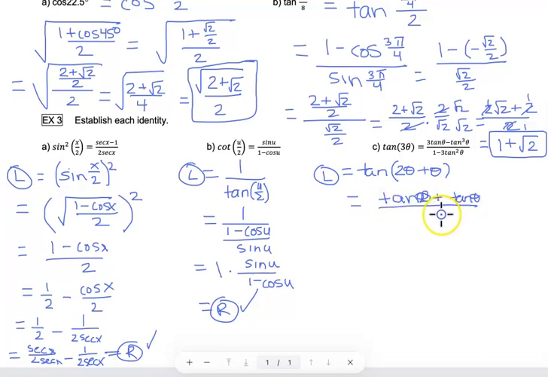And then on the bottom, it's 1 minus tangent 2 theta times tangent theta.